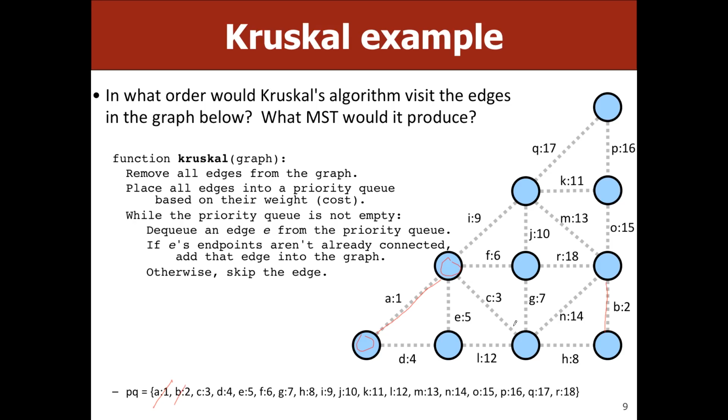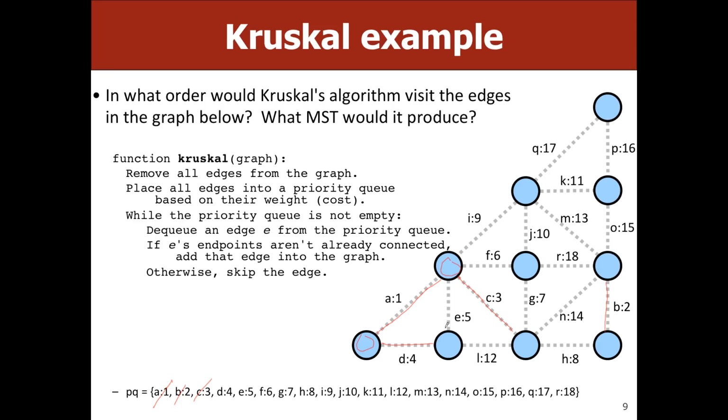How many people think include? How many people think don't include? Okay, cool. Participation is definitely increasing as we go through this. That's awesome. Okay, D4, which is here. Include? Don't include? Okay. E5, which is here.